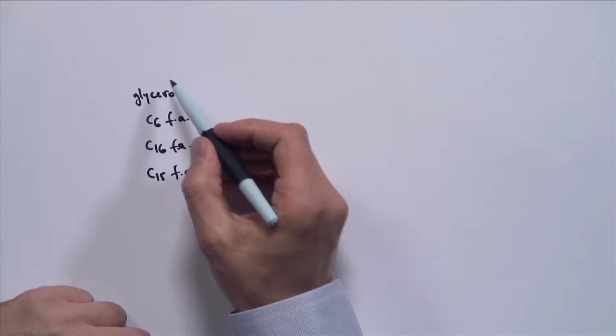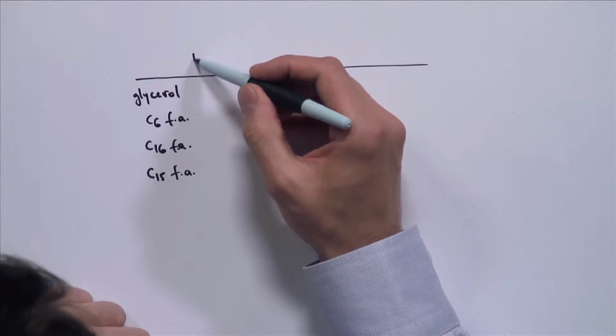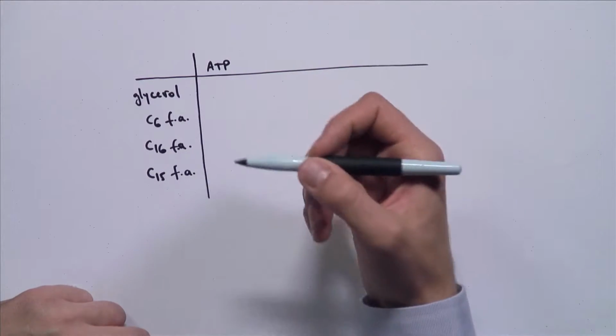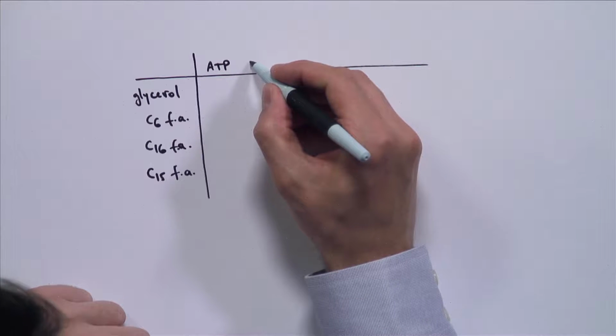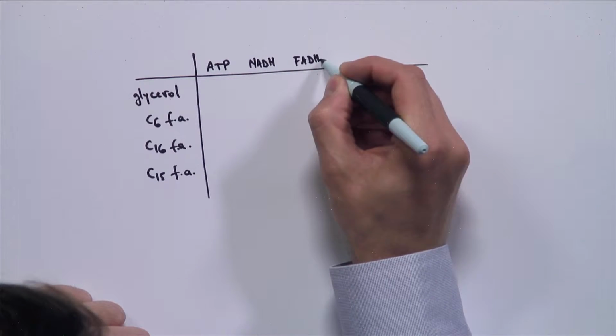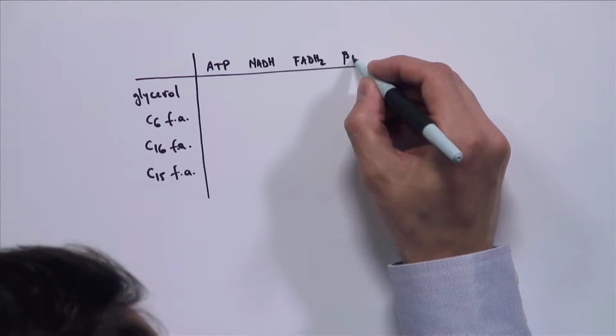All right, and for each one of these, we're going to follow the metabolism and see how much ATP we're going to need to put in or generate, and also the redox cofactors NADH or FADH2. Also for fatty acids, we're going to be dealing with beta oxidation.